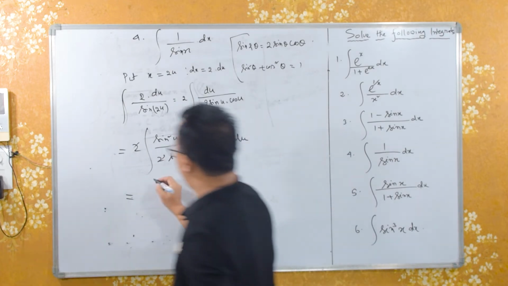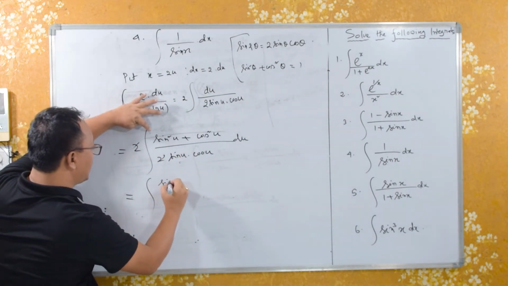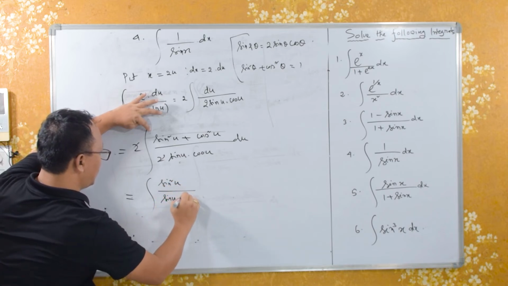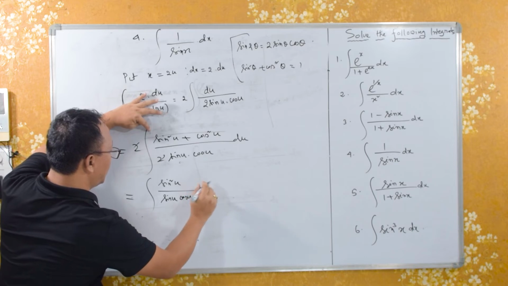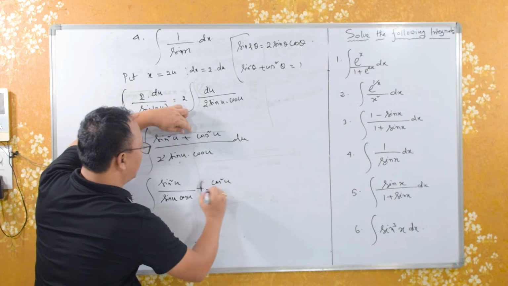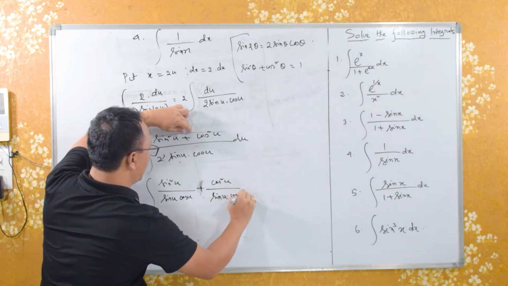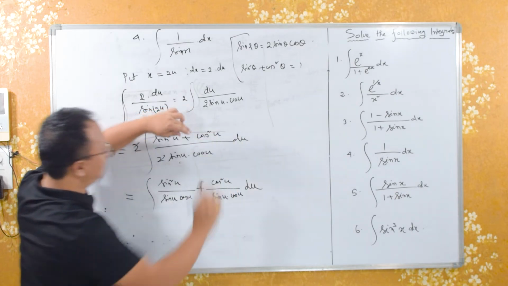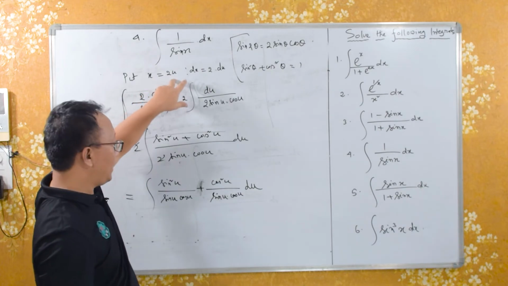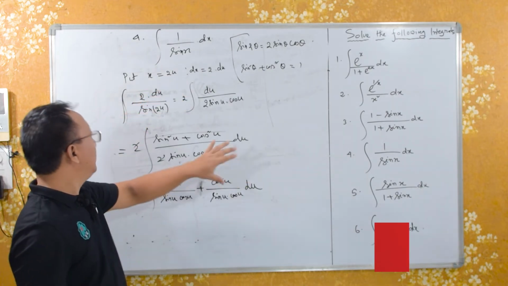Sine square u upon sine of u cos of u, plus cos square u upon sine of u into cos of u, into du. All are in du because we already substituted x equals twice u. We'll integrate this with respect to u, then we'll come back to x.